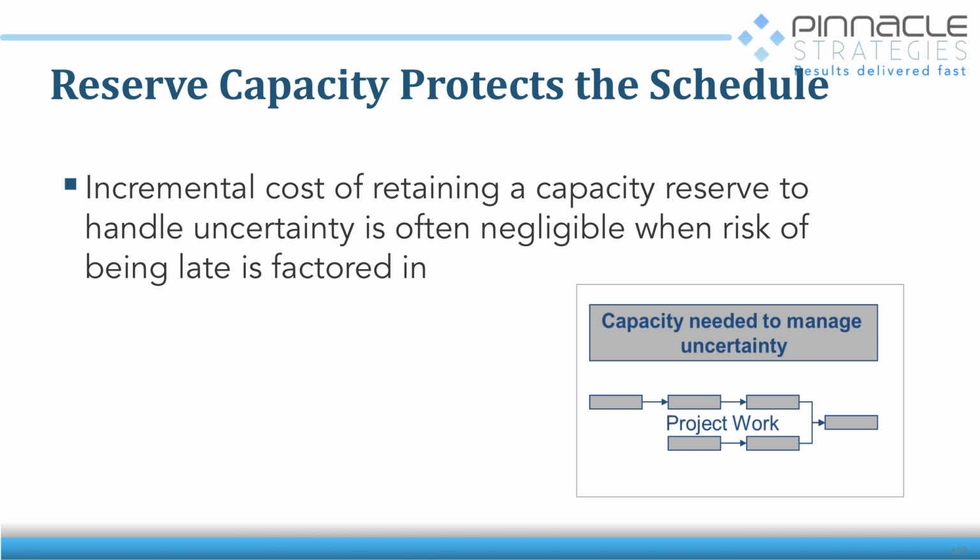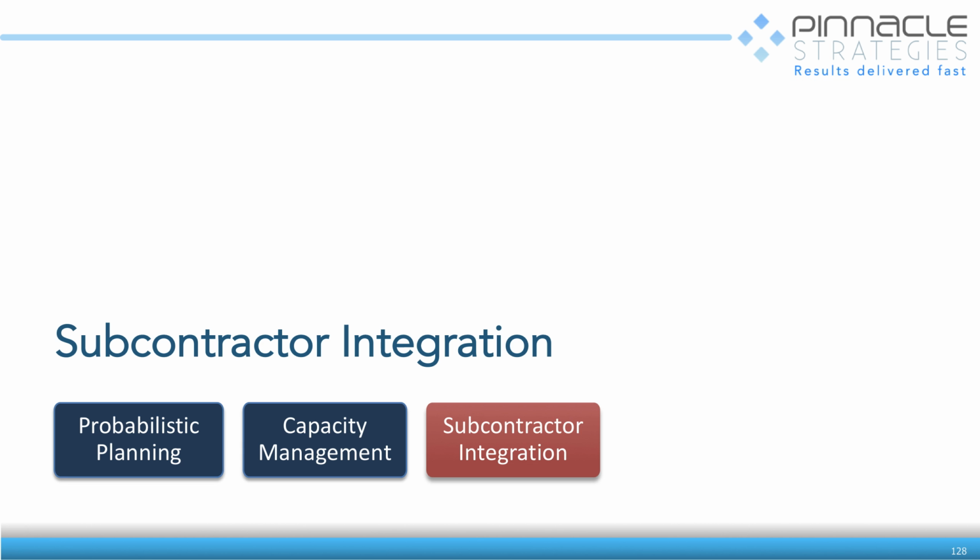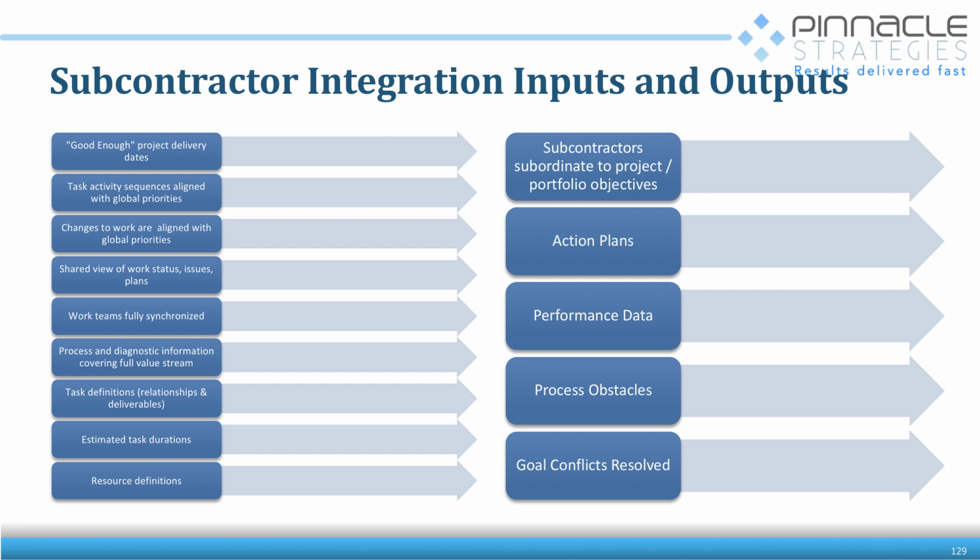Now, once we have these, we've got control over our own knitting, and we are awesome at managing our schedules and controlling and managing our own resources. Now we can start to reach into our critical subcontractors. We have all of these wonderful things, and I'm not going to read them to you because we've already gone through them. What you're going to get for subcontractors is the same kind of behavior that we had in our teams, where the subcontractors are subordinate to project and portfolio objectives.